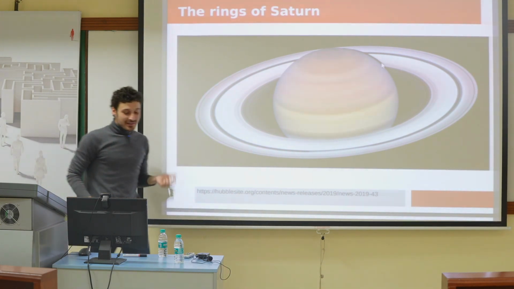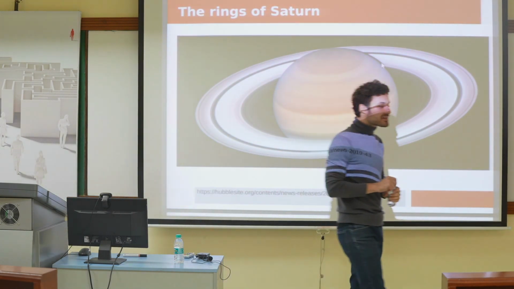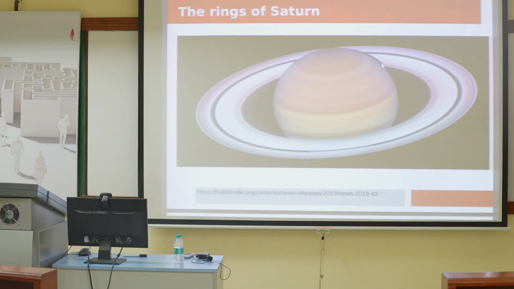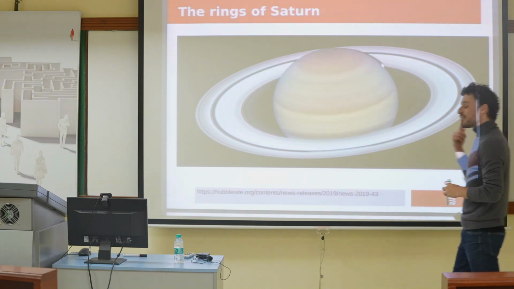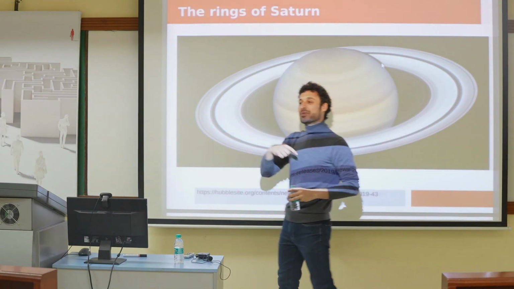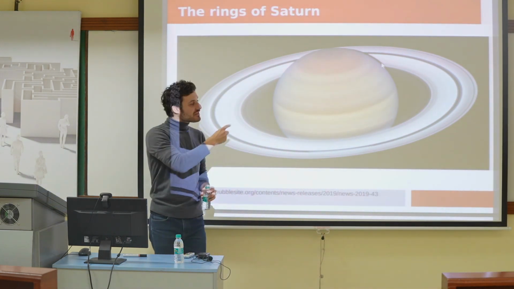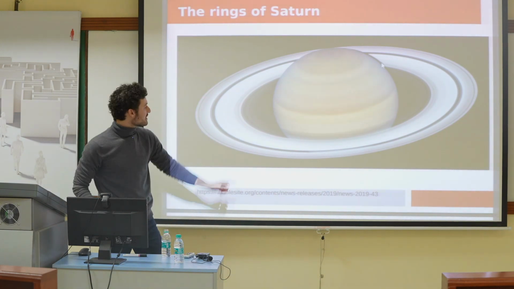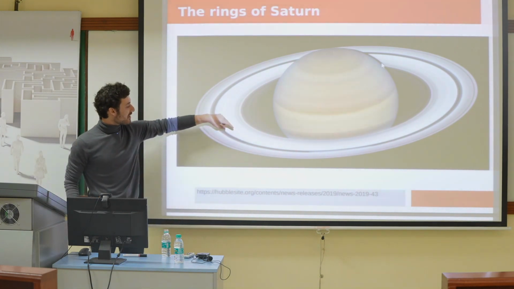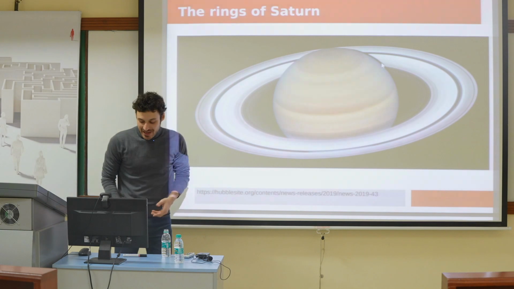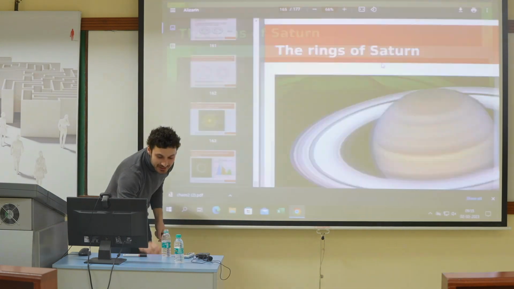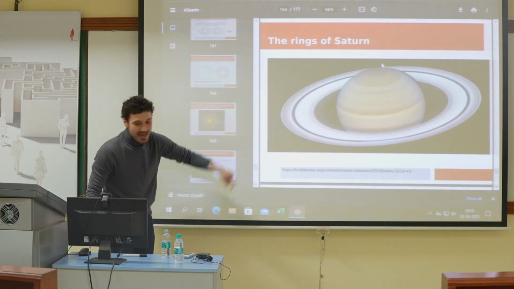And as it turns out, that's exactly what's happening, right? That was a hypothesis put forward by Tremaine in the 70s, which is that there are things known as shepherd moons. Saturn has a bunch of moons, and some of these moons enter in resonance with material in the rings and can affect them in such a way that it clears these gaps in the rings.